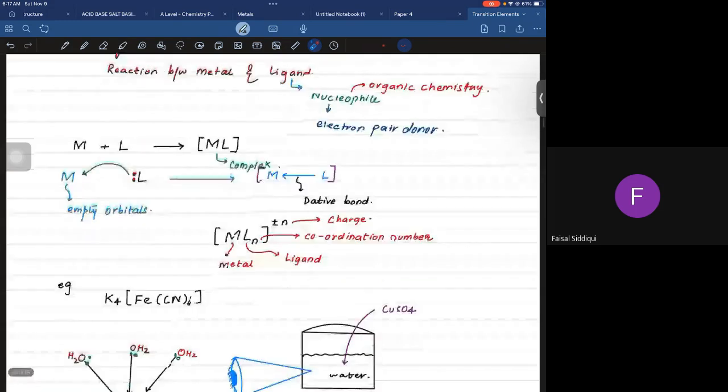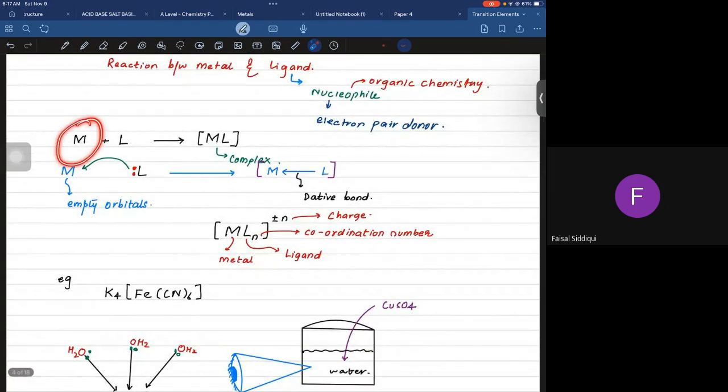Basically, a metal generally has a positive charge. This is a general statement: metals form cations. Cation means that they need electrons. Ligands have extra electrons, because I told you the definition of ligand, that ligands are electron donors. We covered this in the last class.